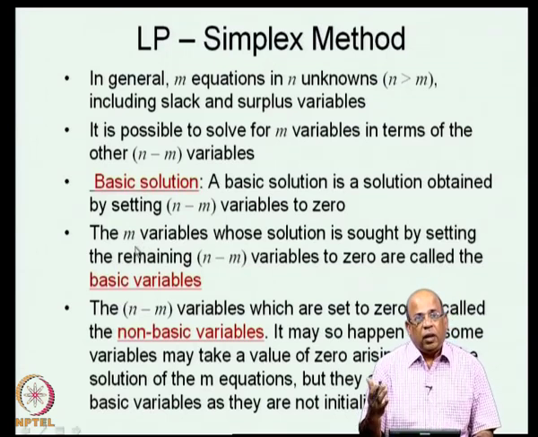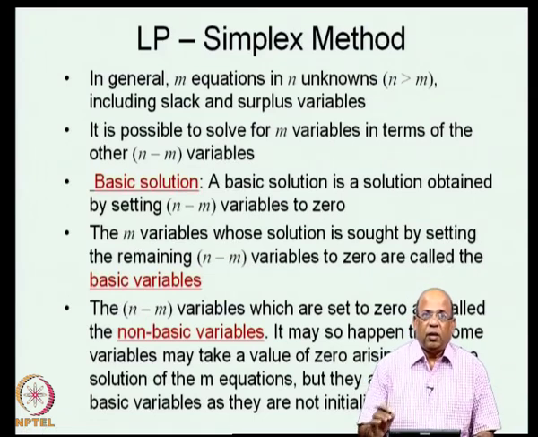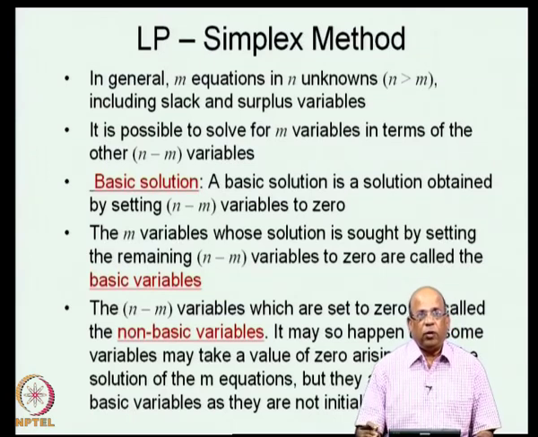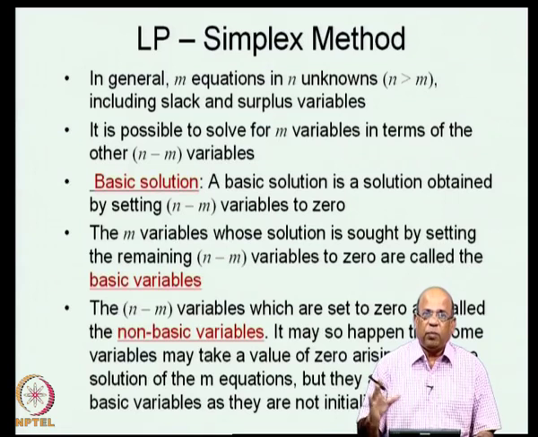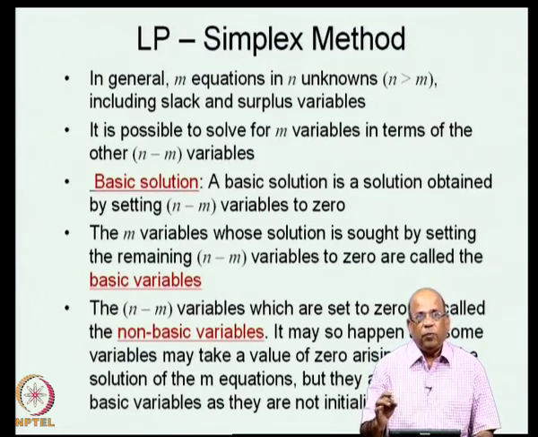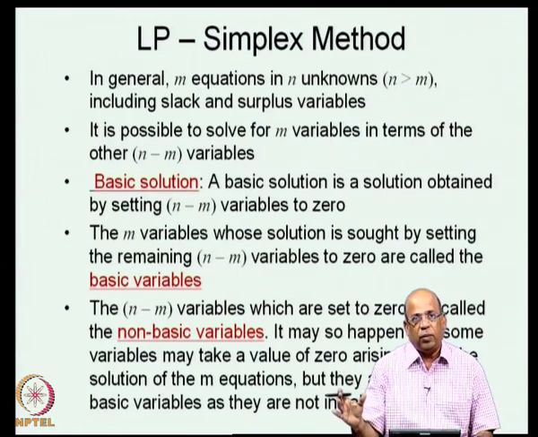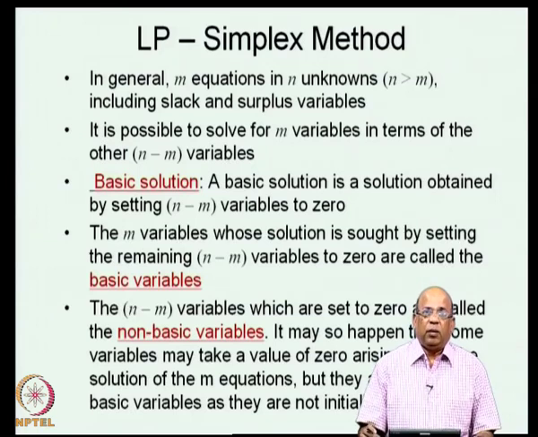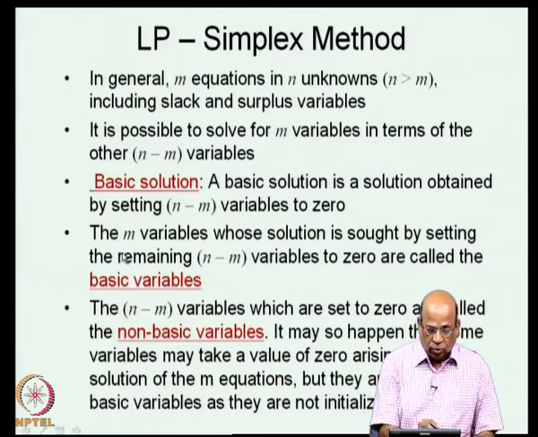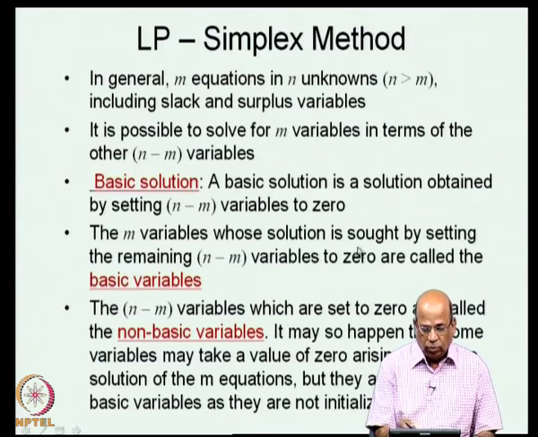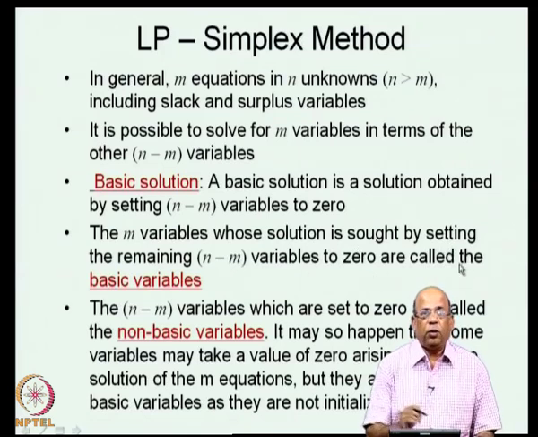Then the m variables for which we obtain the solution are called the basic variables. These are the variables we have not set to 0; the remaining n minus m variables we have set to 0. So, the m variables whose solution is sought by setting the remaining n minus m variables to 0 are called the basic variables.